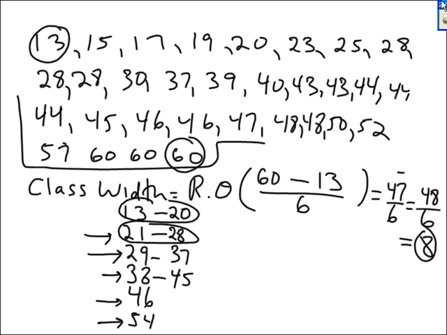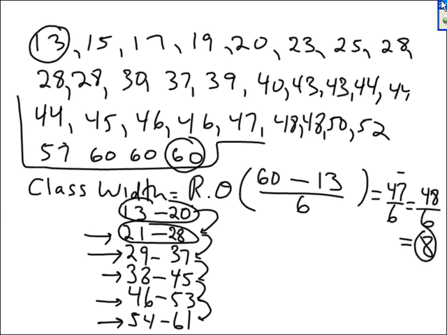That number is 54. What goes here should be 53. Or just add 8. 20 plus 8 is 28, plus 8 is 37, plus 8 is 53, plus 8 will be 61. And those are your classes.